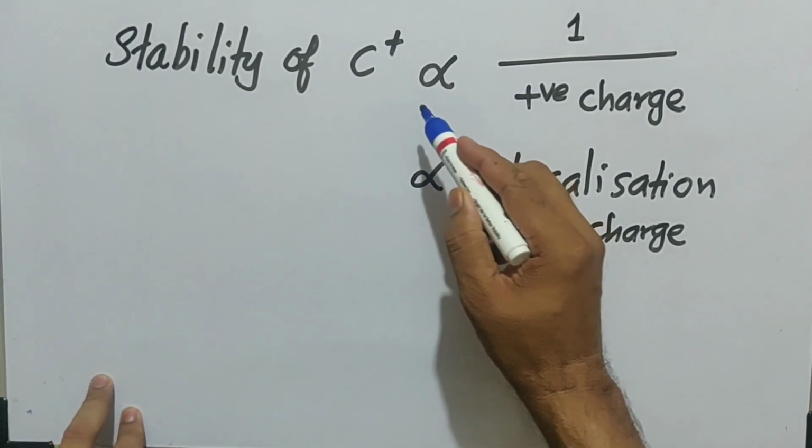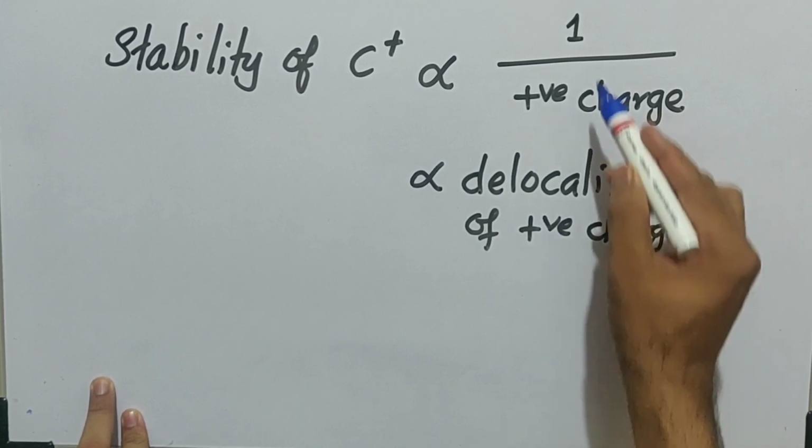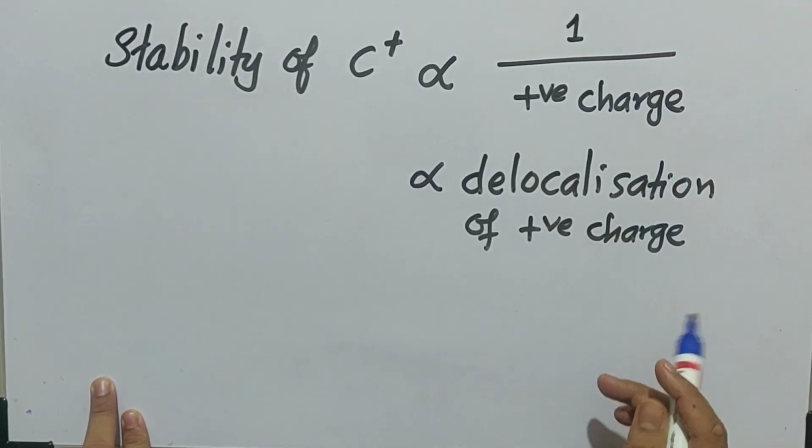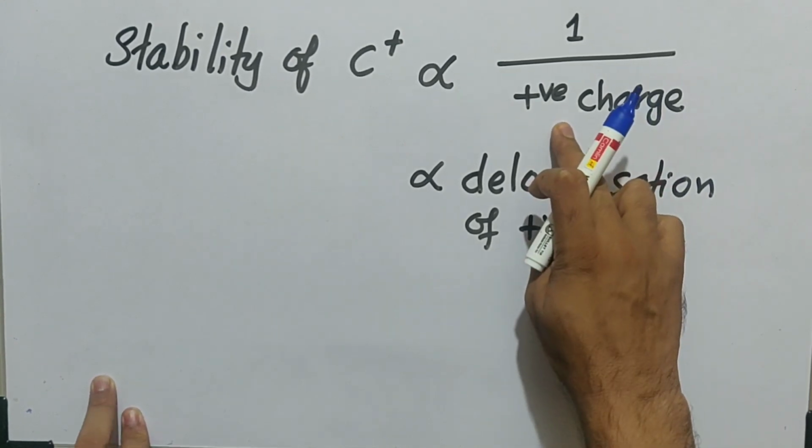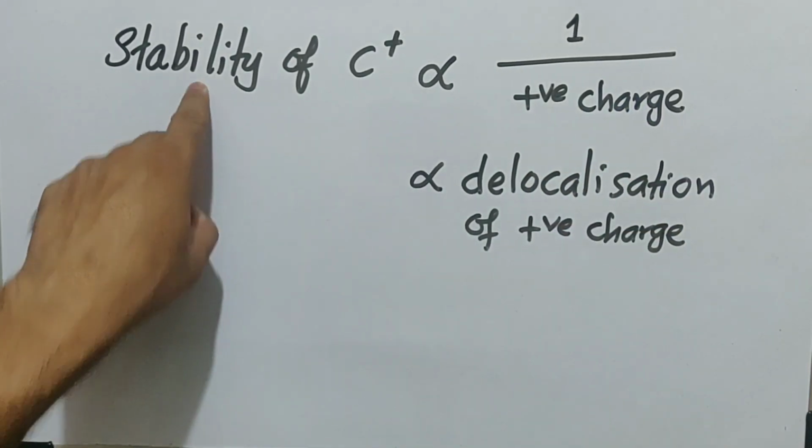Stability of carbocation is inversely proportional to positive charge. As positive charge increases, stability decreases.